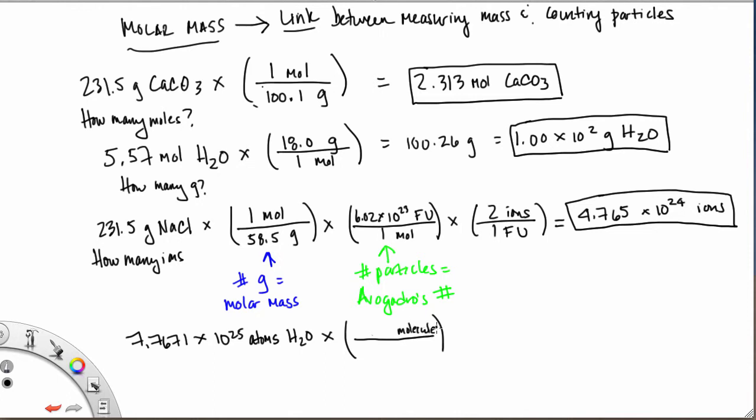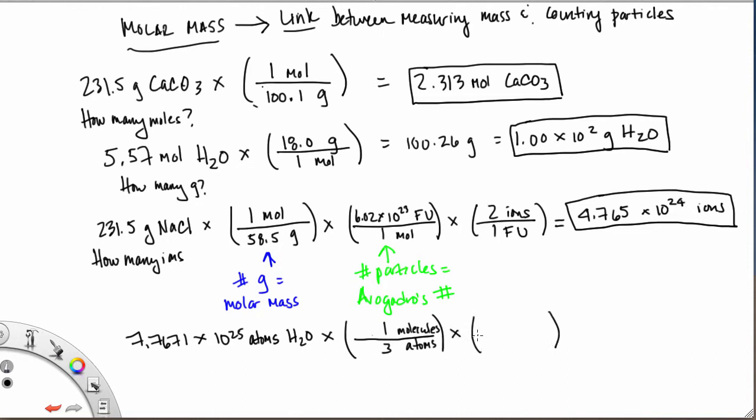I need to convert to representative particles first. It's early in the morning, or early enough anyway, and my brain's not working. So we need to convert to molecules. Atoms is canceling out. How many atoms of H2O, how many atoms do we have in one molecule? We have 3, 2 hydrogens, 1 oxygen. So now I've converted to molecules.